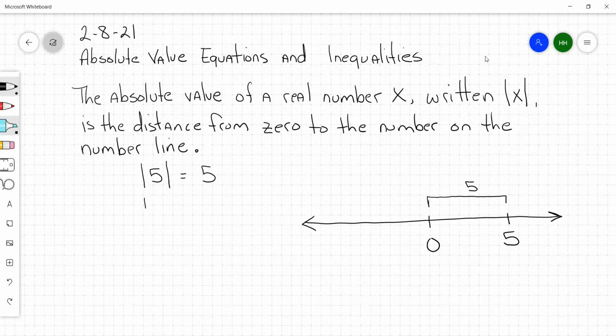Now, if you find the absolute value of -5, and you repeat this process on the other side of 0 with a -5, and you find the distance from 0 to the number on the number line, well, from 0 to -5 is 5 units as well. So the absolute value of 5 is equal to 5, and the absolute value of -5 is also equal to 5.